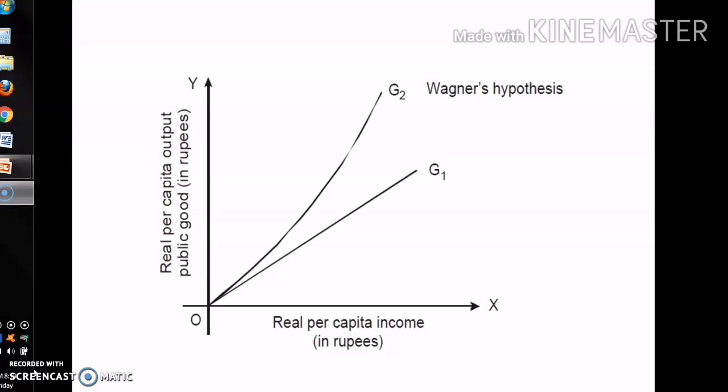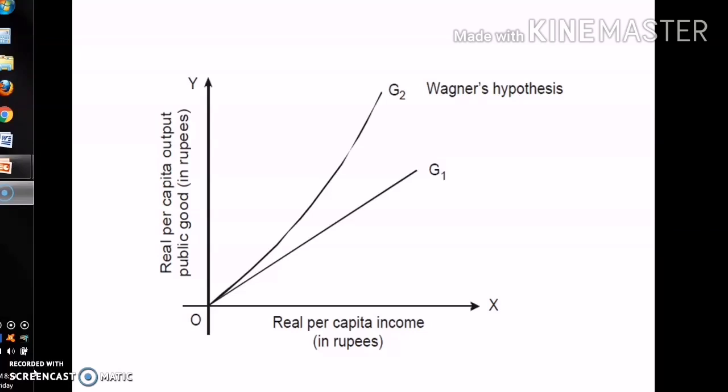Time is an important third dimension implicit in this graph because the growth in the real per capita output of public goods and in real per capita income is realistically assumed to take place over an extended period of time. Line G1 represents a circumstance in which the public sector maintains a constant proportion of the total economic production of the society over time.